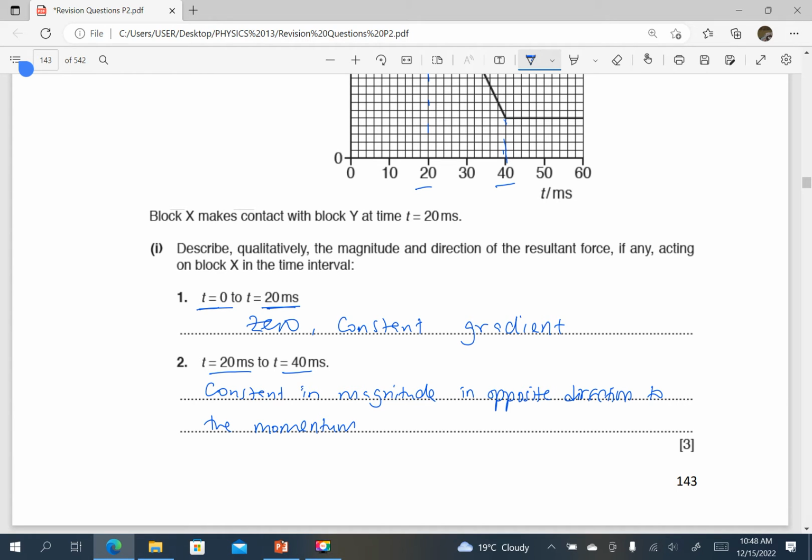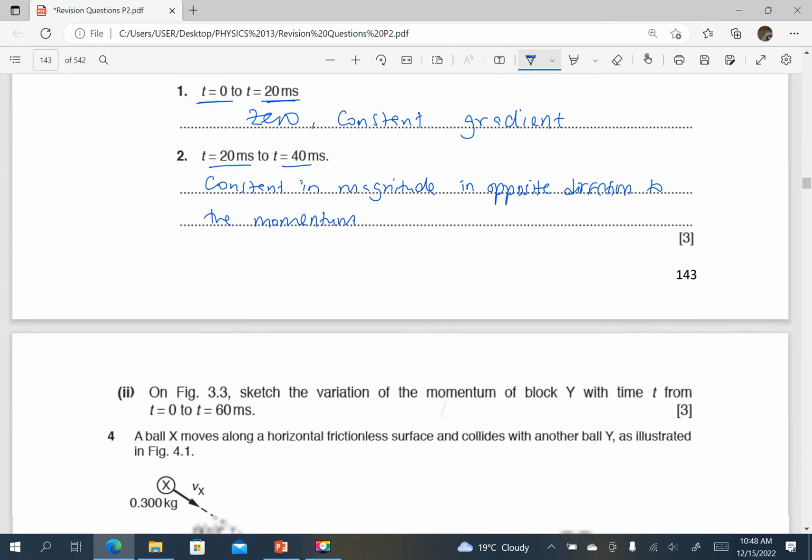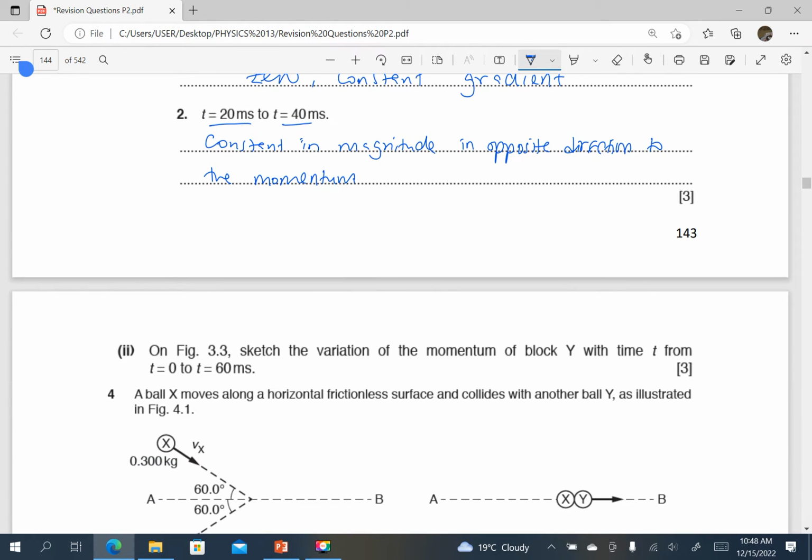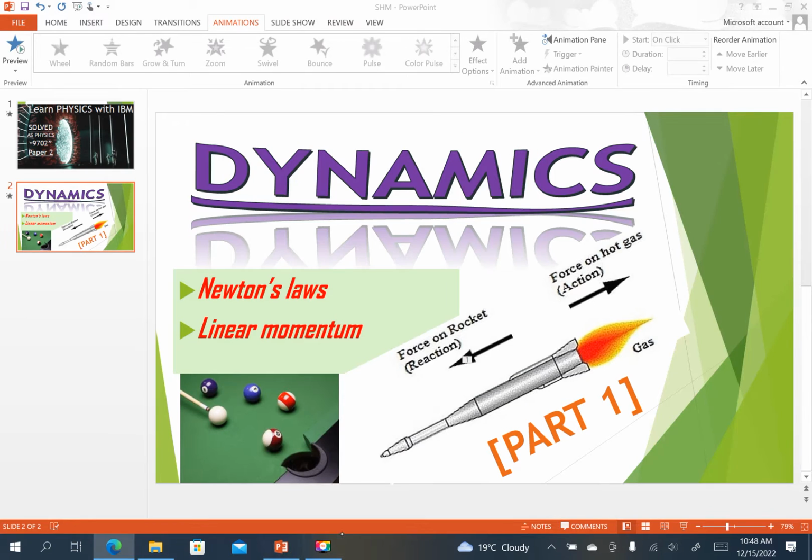Constant in magnitude, in opposite direction to the momentum. Okay, next, just a moment.